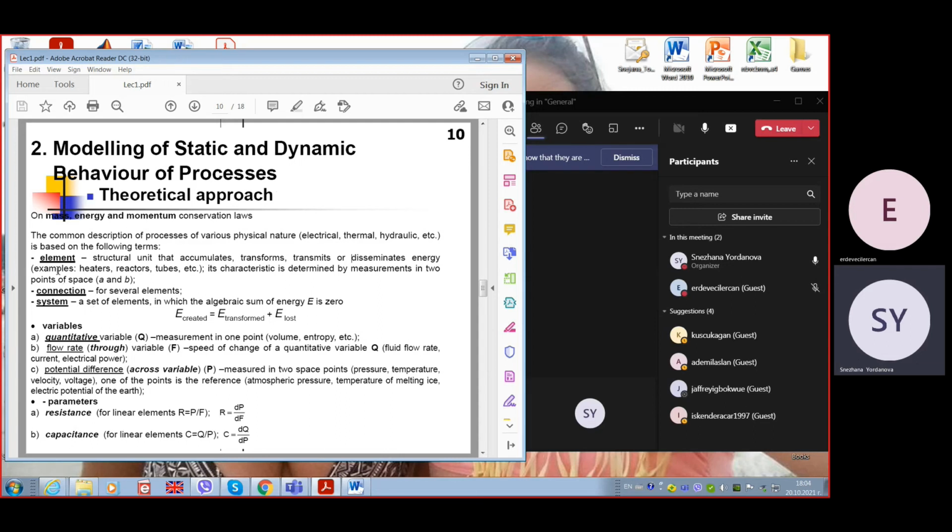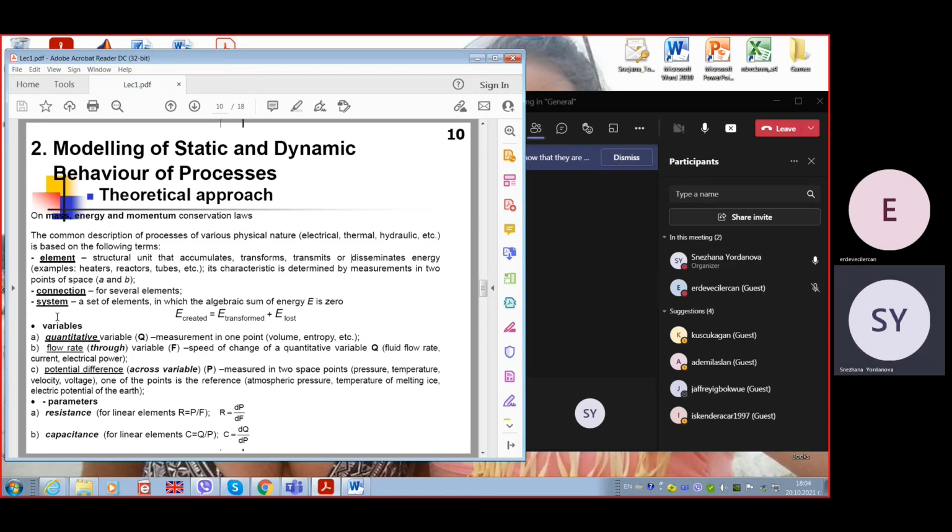The modeling usually is based on either experiments or derivation of some conservation laws for energy, matter, and momentum.